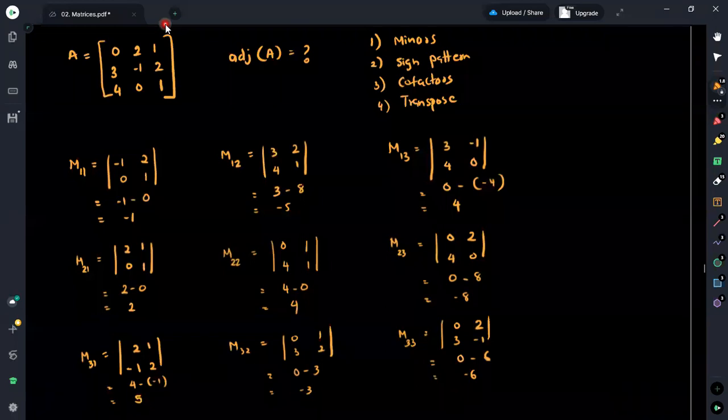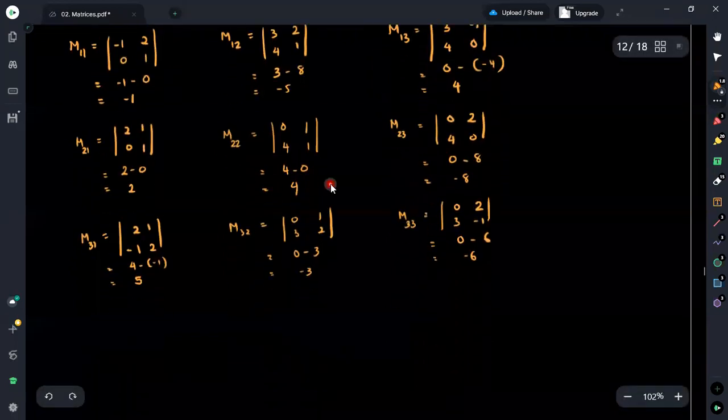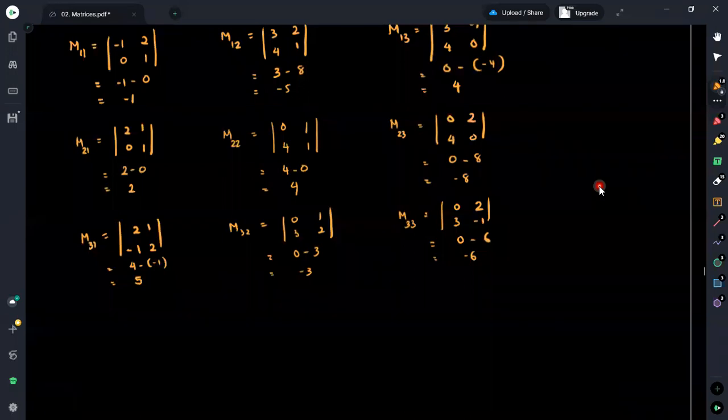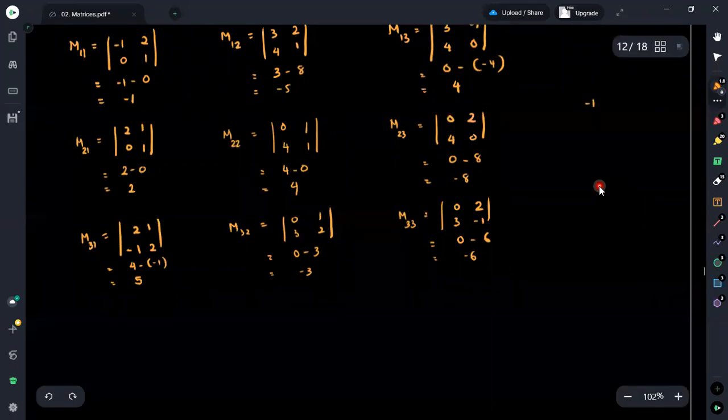This is how we are obtaining the minors. Therefore, if I write down the set of minors that we have obtained inside the matrix for the easiness of the calculation, I will get this as minus 1, minus 5, plus 4, then 2, 4 and minus 8, 5, minus 3 and minus 6.